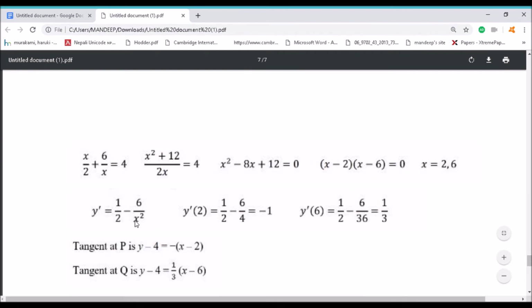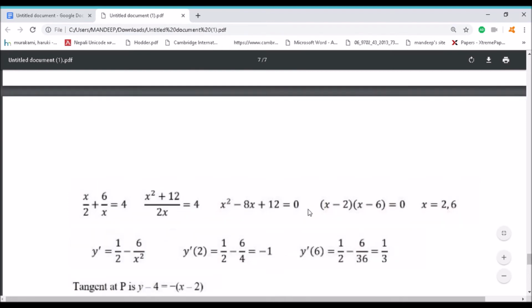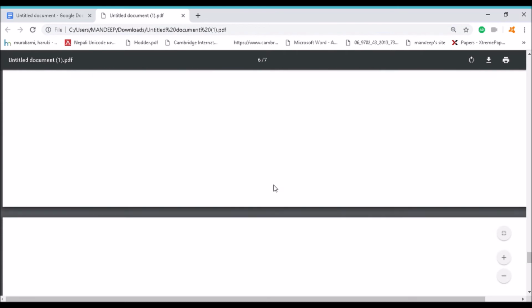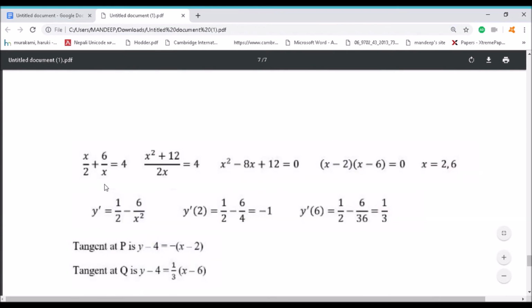Now we have the values of x. Now we find the derivative of the curve, because the gradient of the tangent is the derivative of the curve. So to find the gradient of the tangent, we have to find the derivative of the curve, which is going to be 1 over 2 minus 6 divided by x squared.